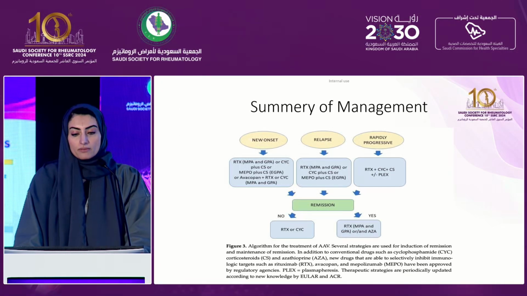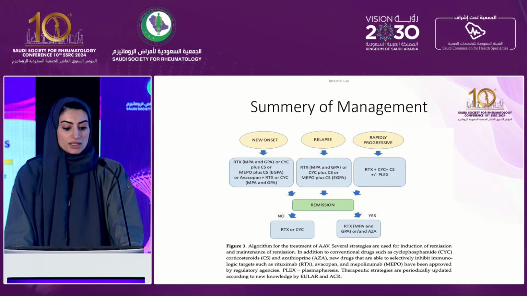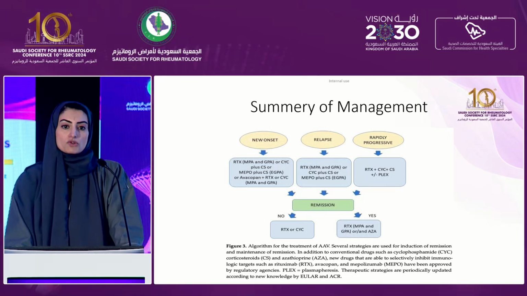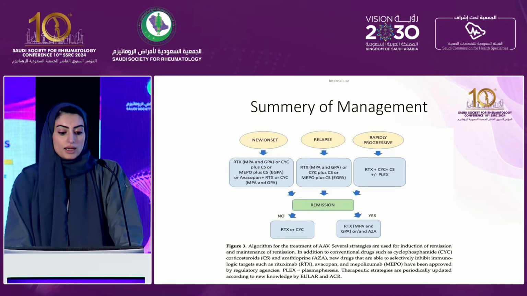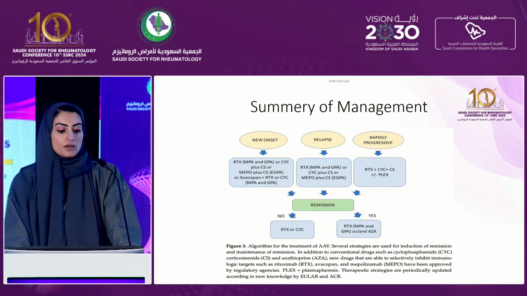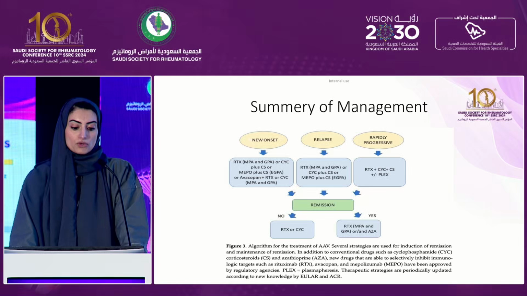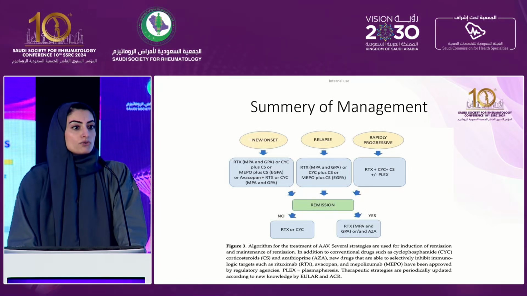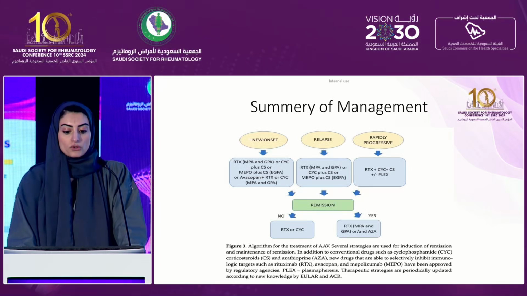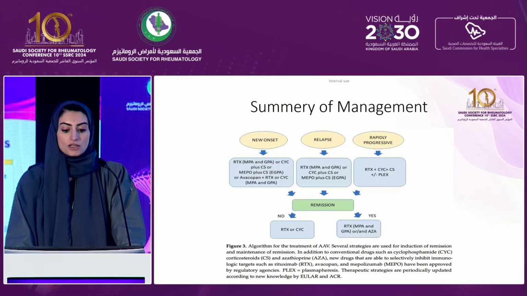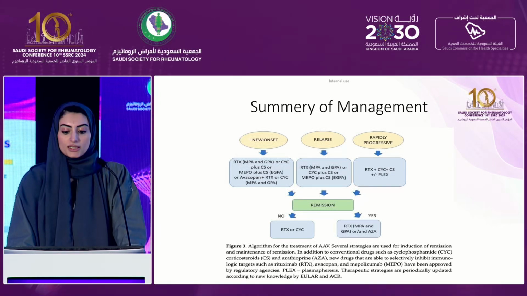And so in summary, for a new onset severe disease, we can use rituximab or cyclophosphamide plus a steroid in GPA and MPA, mepolizumab plus a steroid in EGPA, or avacopan and rituximab or cyclophosphamide in MPA or GPA. For relapsing disease, we can use rituximab or cyclophosphamide plus a steroid for MPA and GPA, and mepolizumab plus a steroid in EGPA.